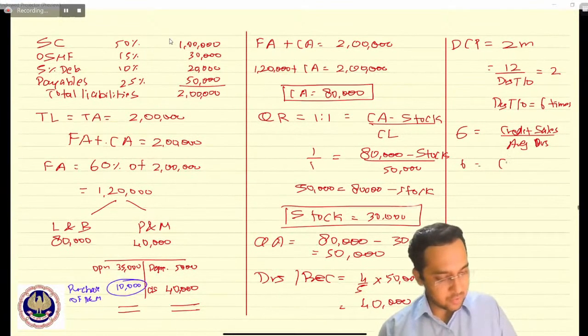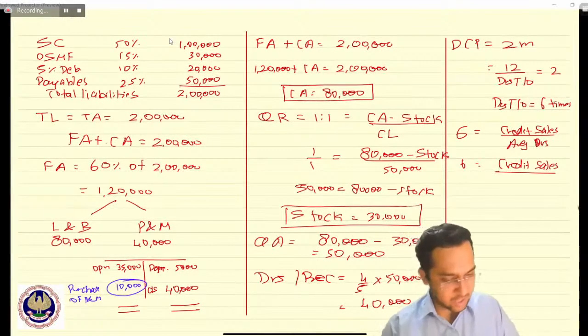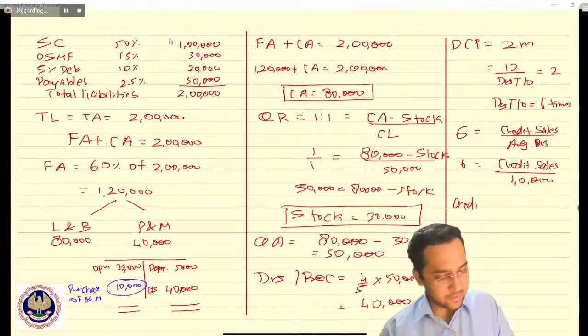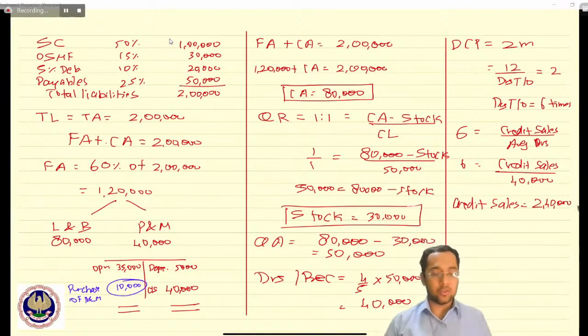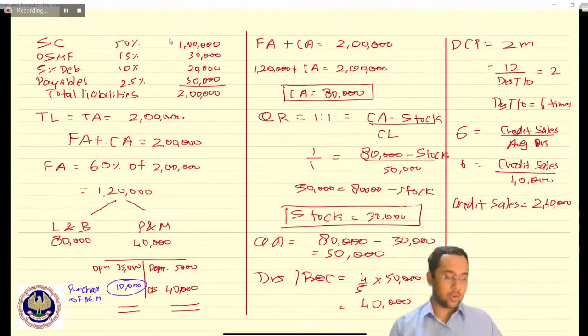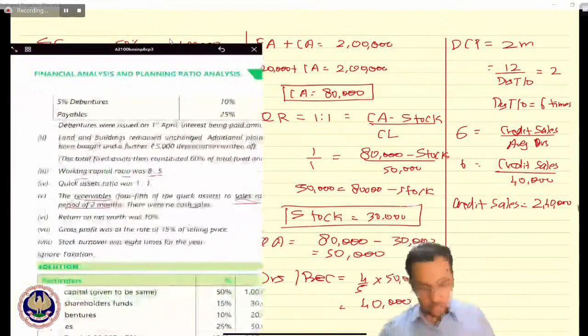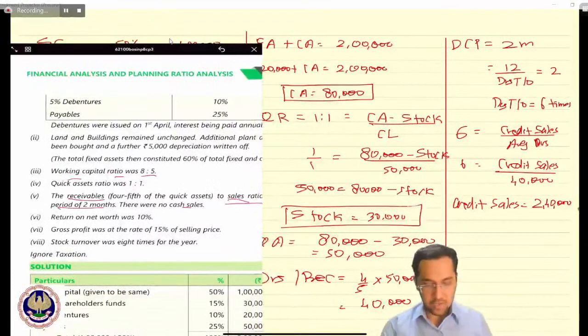So 6 is equal to credit sales on average debtors of 40,000. We get credit sales figure to be 2,40,000. Even this itself is our total sales because there's no other sales specified.